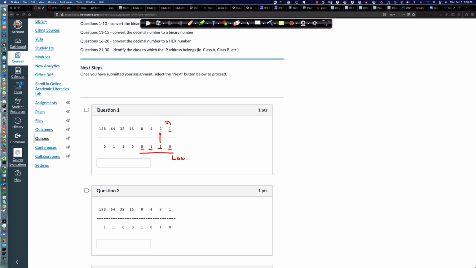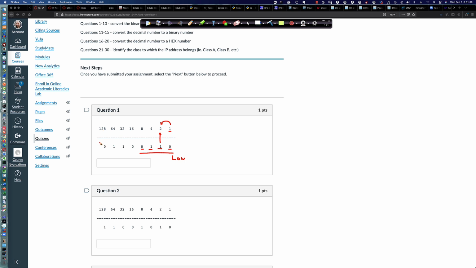And then we simply double the value as we move from right to left. Now, for some learners, this is a little tricky because typically we read from left to right. However, when working with binary and then looking at the decimal value that corresponds to that binary bit position, we go from right to left in terms of lowest decimal value to highest.